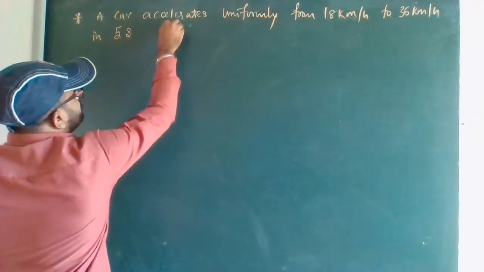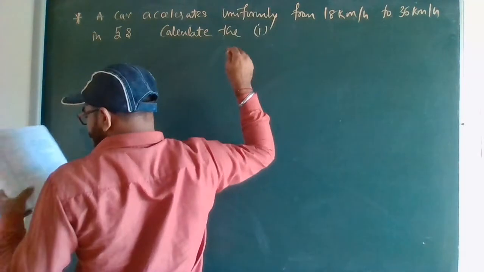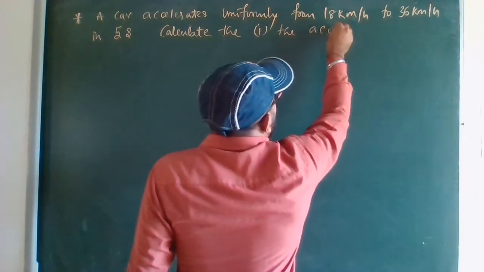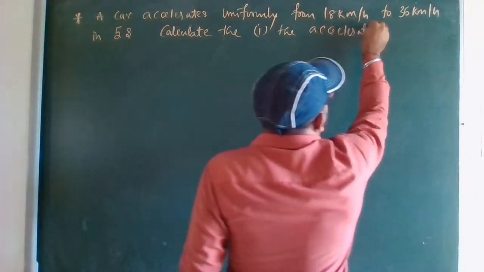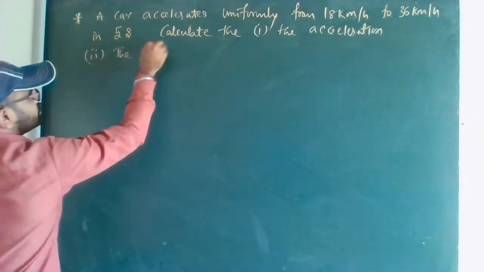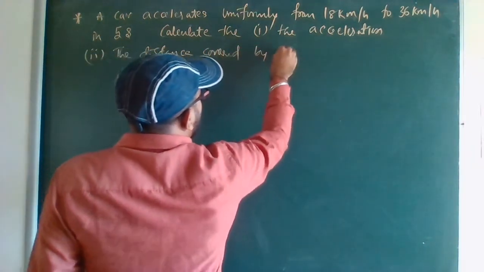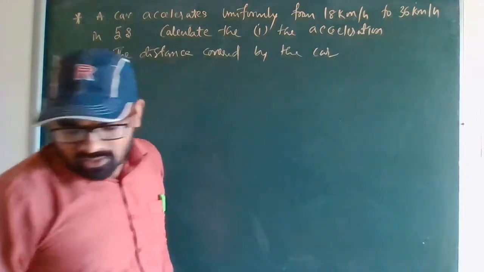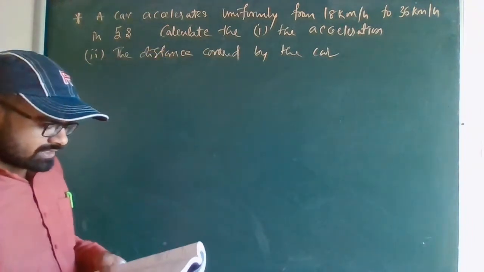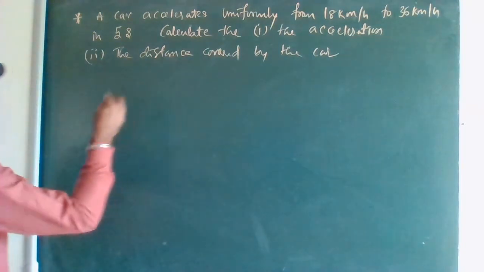Calculate the acceleration. First one is the acceleration, second one is the distance covered by the car. See here, the car accelerates uniformly from 18 km per hour to 36 km per hour.